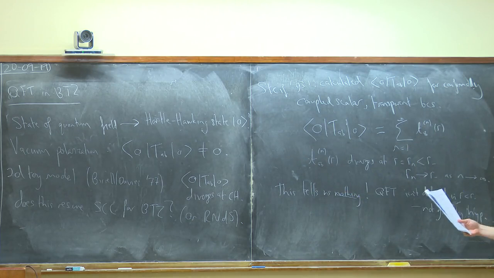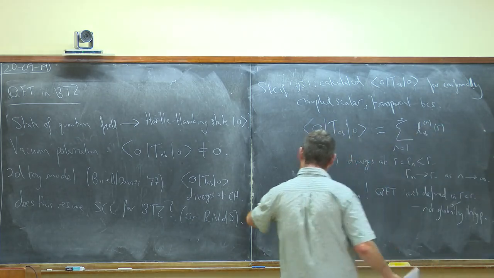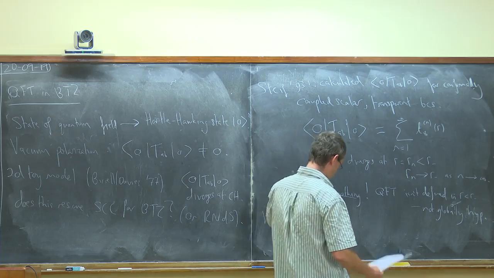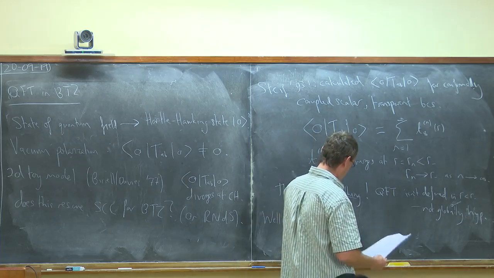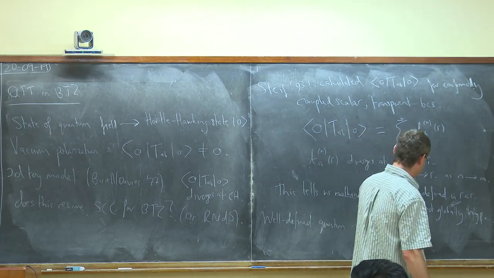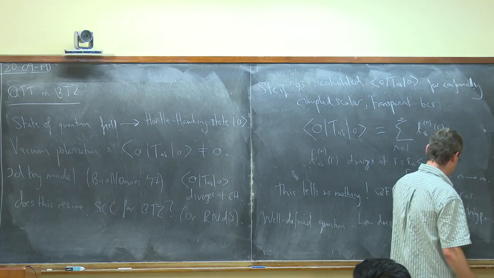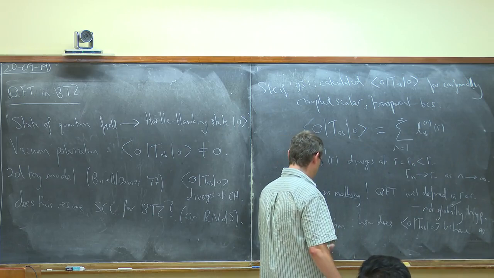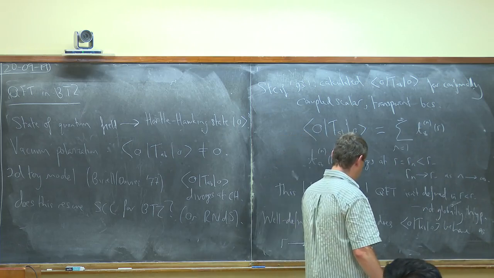Okay, so the question, as Abhijit said, is what is the well-defined question? How does this expectation value behave as r tends to r minus from outside?